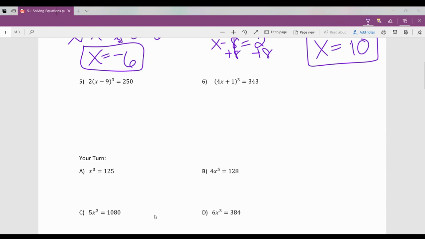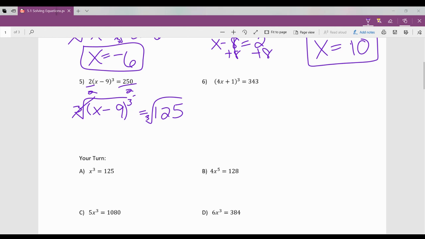All right, number 2. First thing we're going to do is get rid of that 2 on the outside. So I'm going to divide both sides by 2. So I get x minus 9 raised to the third equals 125. Then I want to get rid of the exponent of 3, so I do a root of 3.